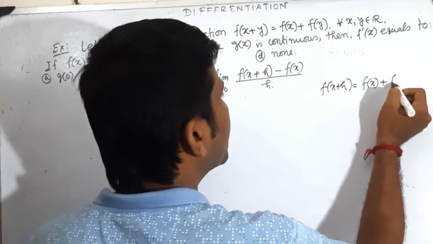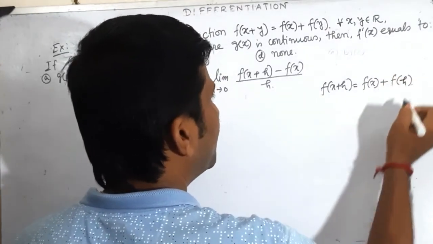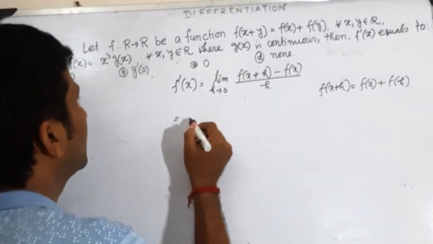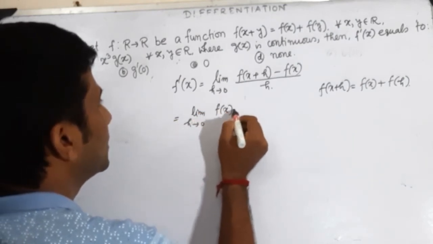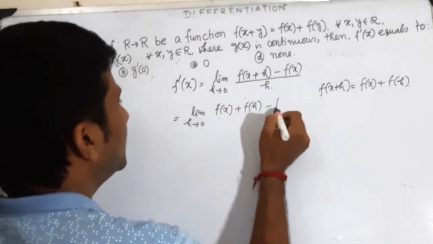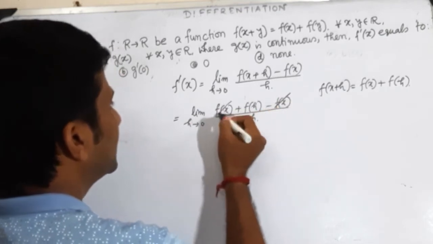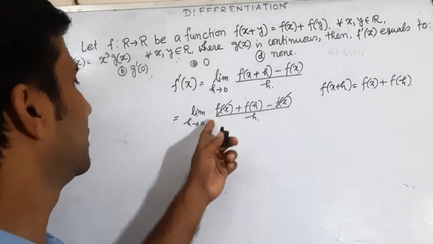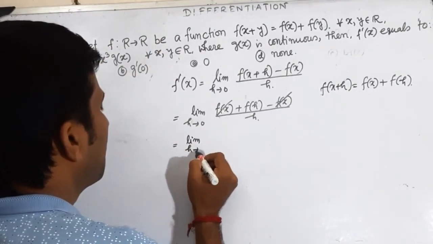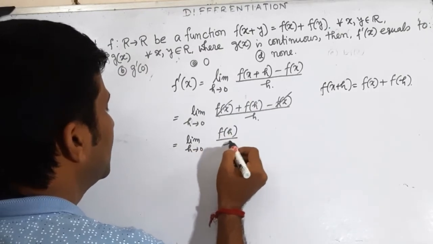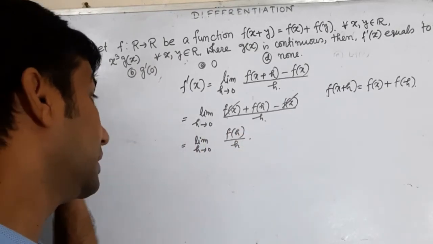According to the problem, f(x+h) means f(x)·f(h). So we get limit h tends to 0 of [f(x)·f(h) − f(x)]/h, cancelling f(x), we get limit h tends to 0 of f(h)/h.